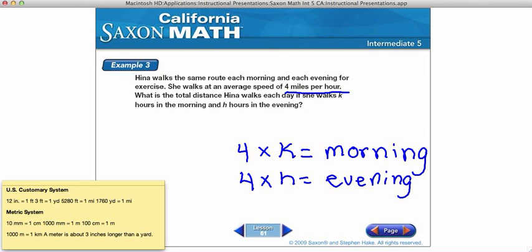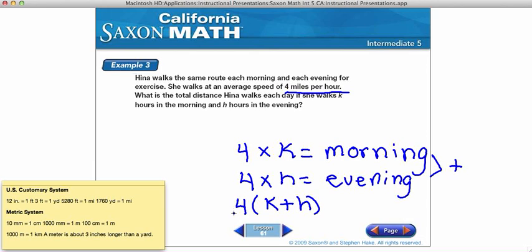So we're actually going to apply the distributive property here. If we're adding up morning plus evening, we're going to say 4 times K for morning plus H for evening.